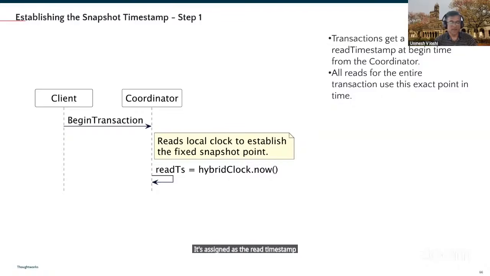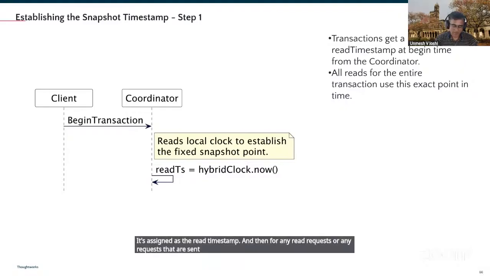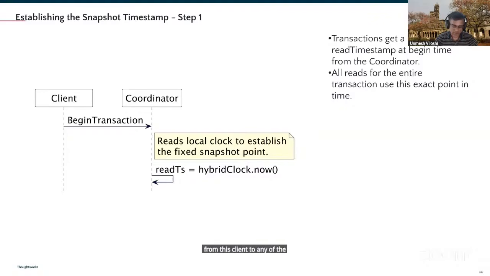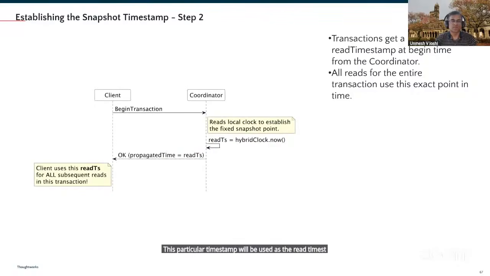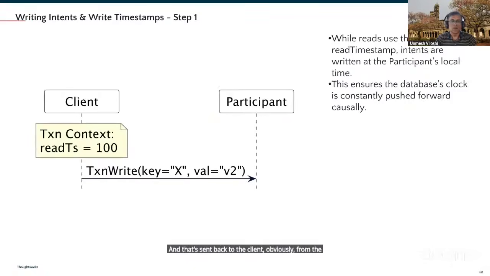And for any read or write requests sent from this client to any of the participants, this timestamp will be used as the read timestamp. That's sent back to the client from the coordinator.